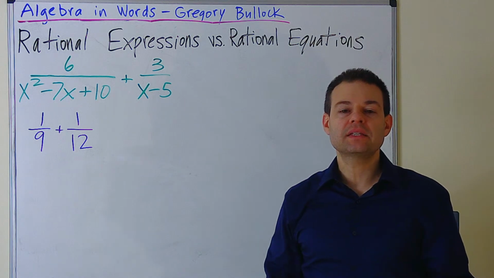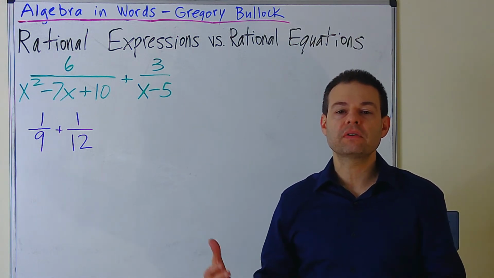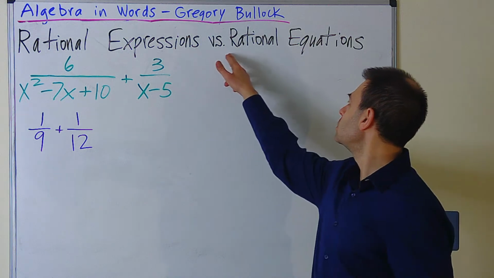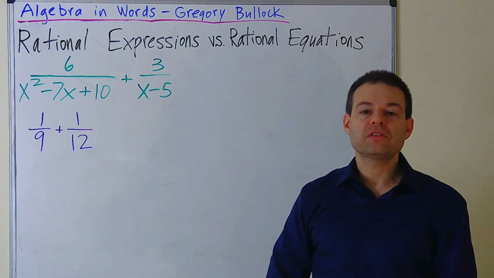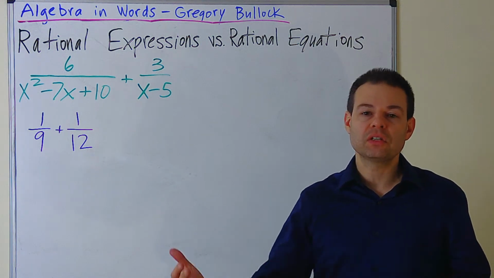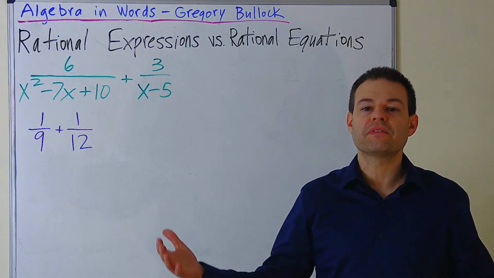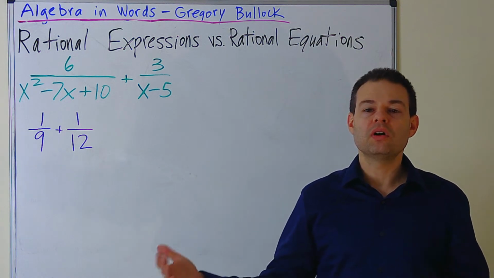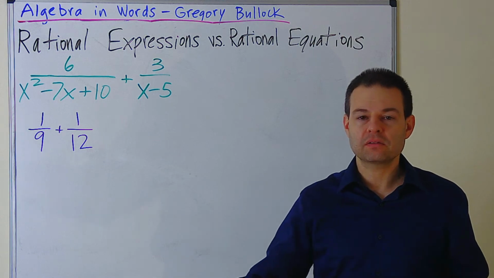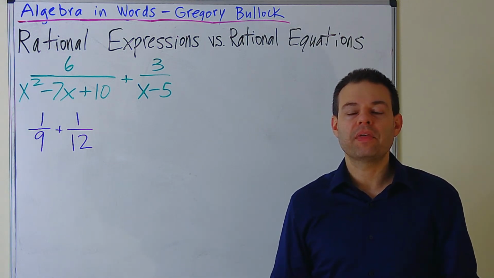So it's not technically an equation. You're not solving for x. But in a rational equation, it's an equation that has rational expressions or ratios with variables in which you ultimately do solve for x.